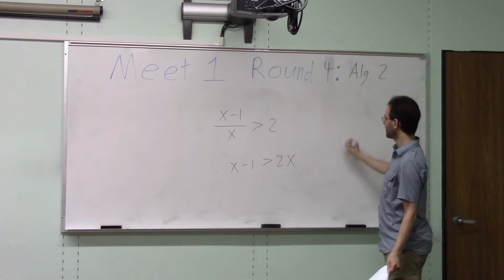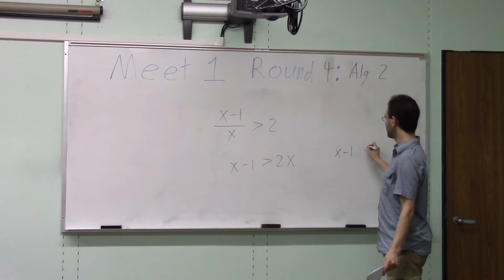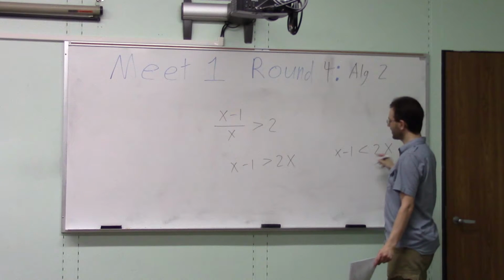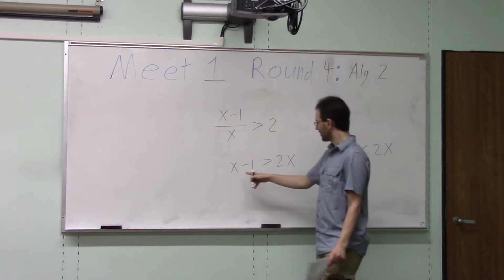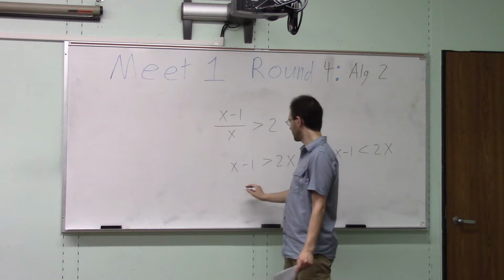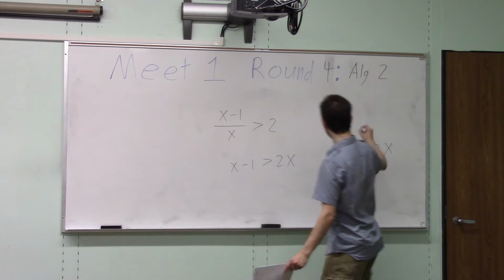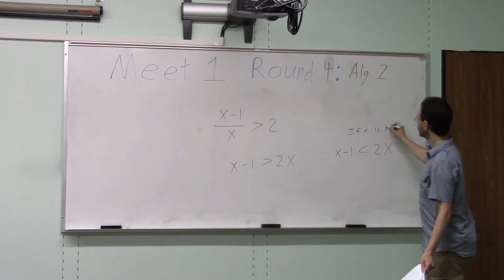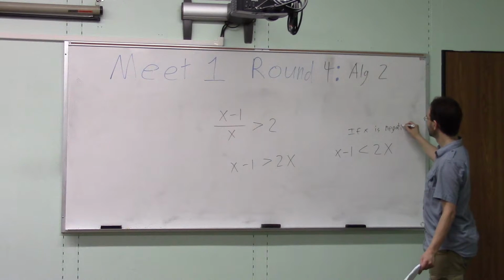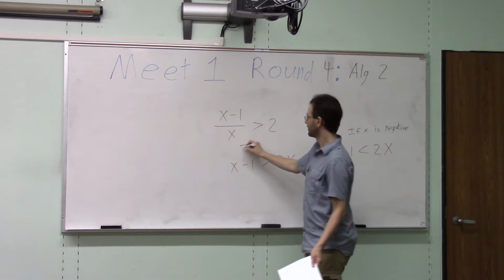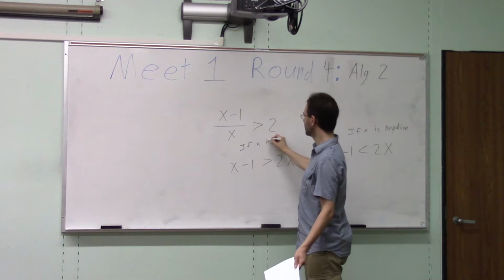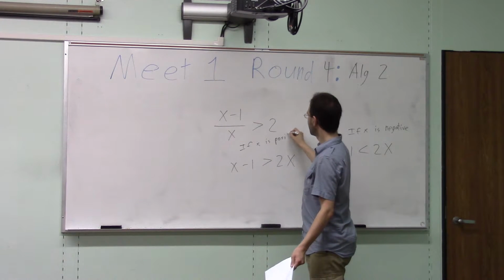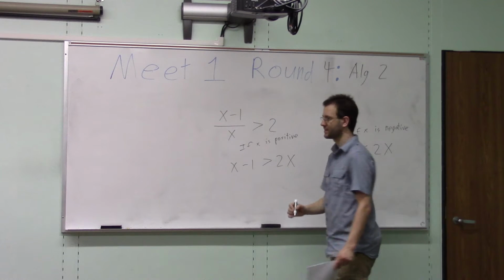So you should separately write x minus 1 is less than 2x. And then you solve both of these things. You solve this. Now this is if x is negative, if x is positive. And they want all solutions.